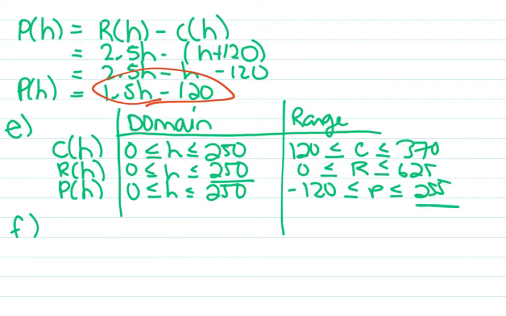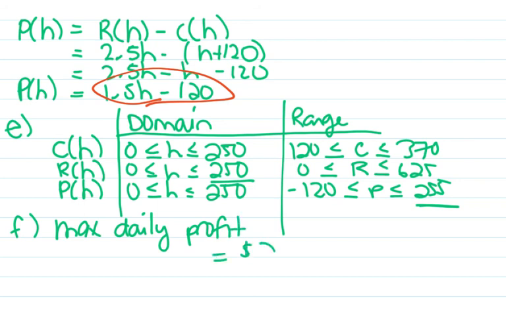We just figured that out right here. So max daily profit equals $255. And that is just by checking if he sells his maximum number of hot dogs, which is 250, and putting that into this profit equation, we would get $255 out.